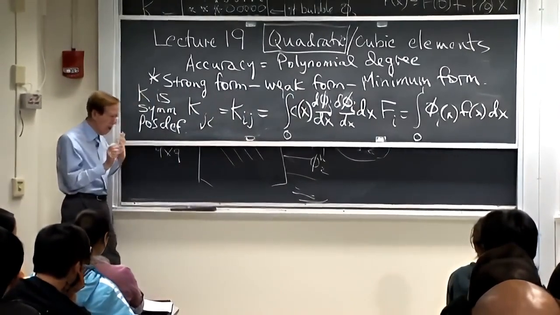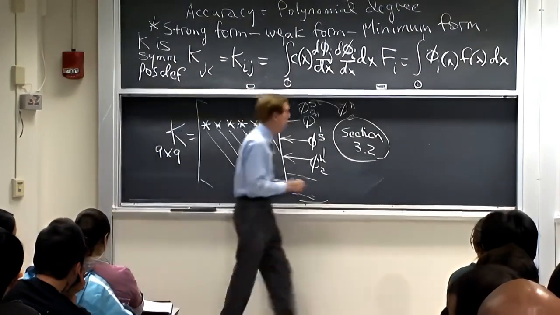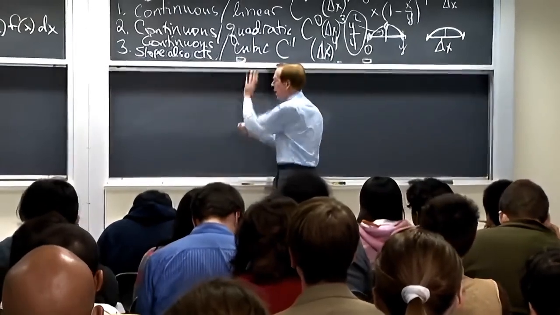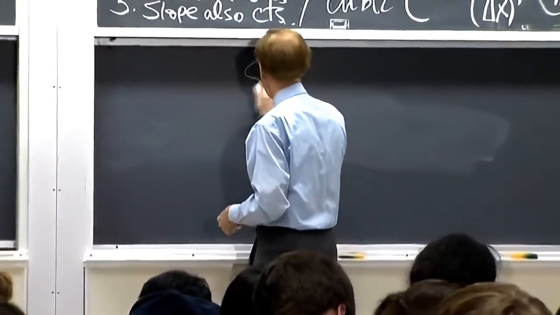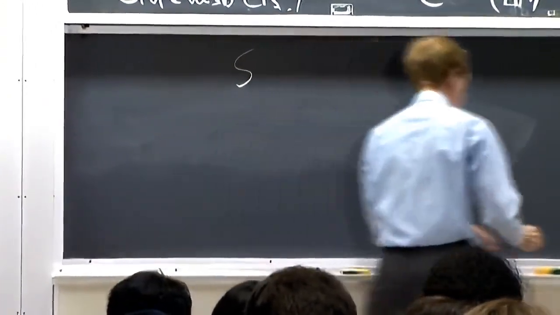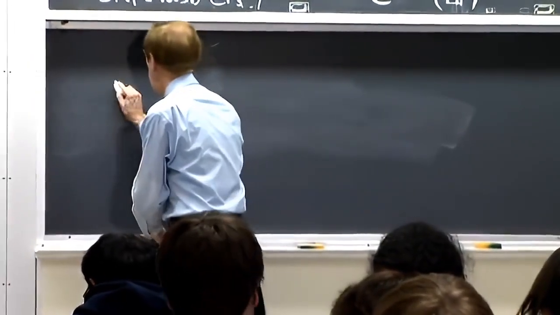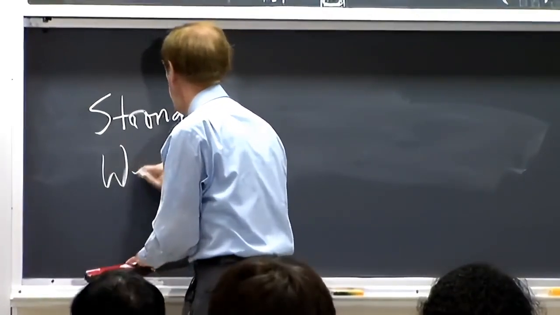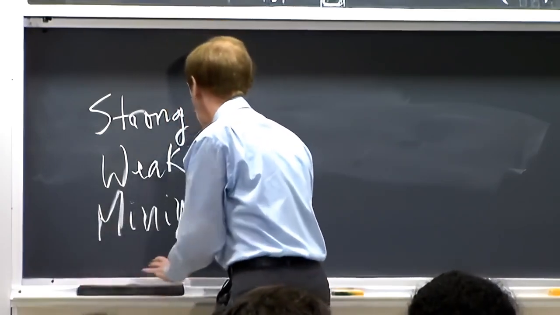All right, I'll just go directly to that if I may. So for our model problem, I want to tell you the strong form. Let me do it in this order: I'll put the strong form, the weak form, and then I want to add in the minimum form.